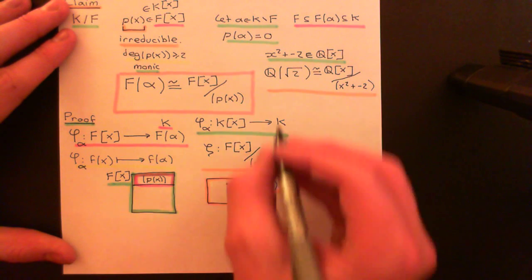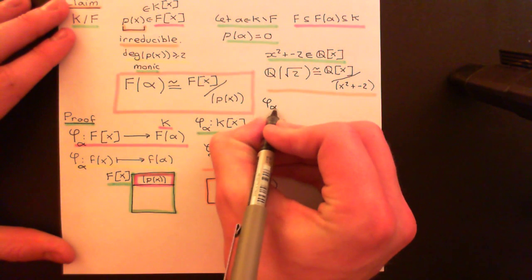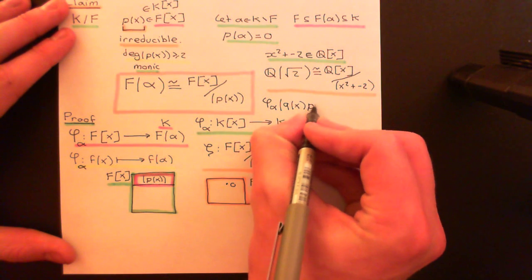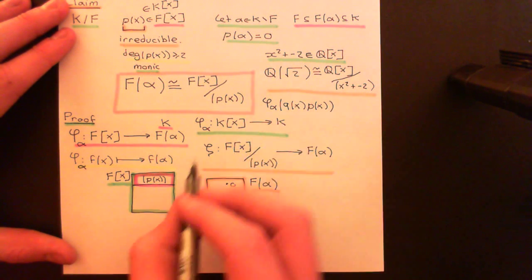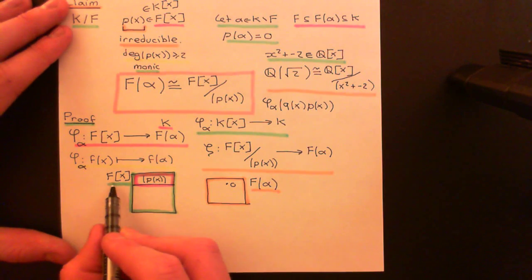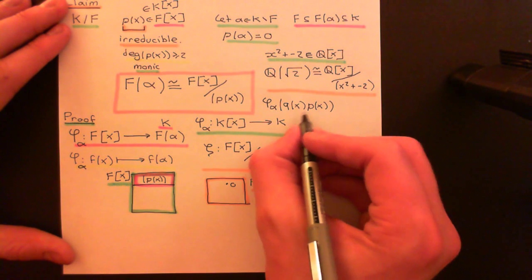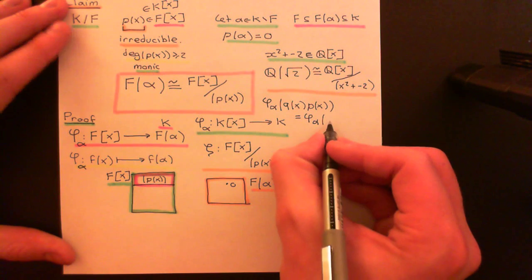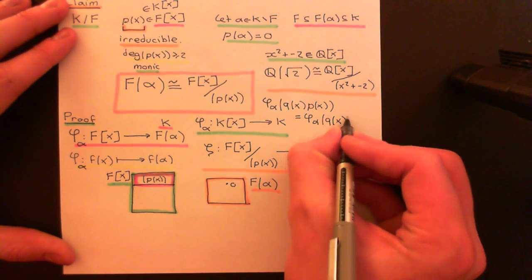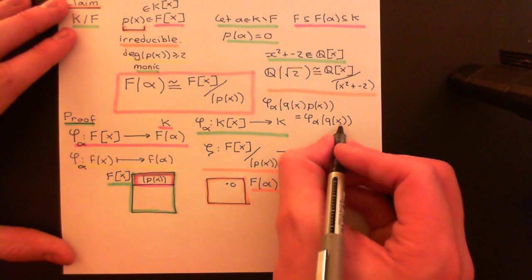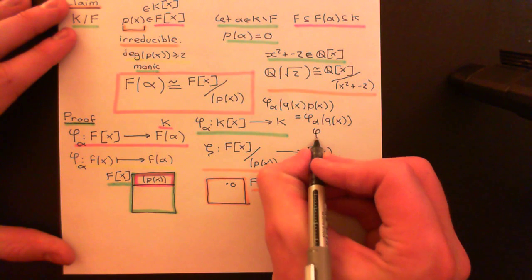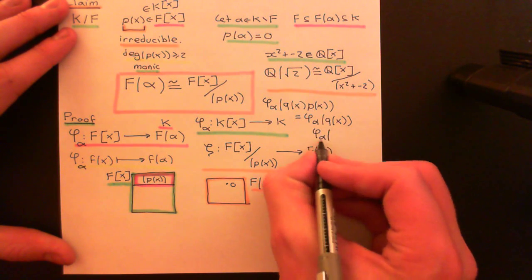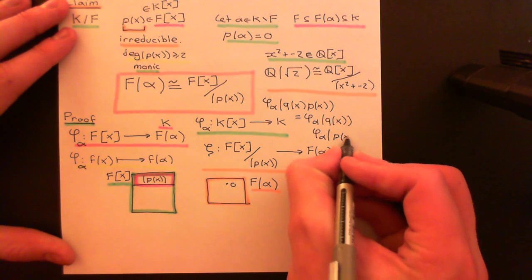So let me just give you the rigorous argument for that. If you apply the evaluation homomorphism at alpha to a polynomial of the form q of x times p of x, where q of x is some arbitrary other polynomial in the ring of polynomials over the field f, then because it's a homomorphism we can split this, using multiplicative compatibility, into phi sub alpha, the evaluation homomorphism pertaining to alpha, applied to q of x, and then times, where we're now multiplying in the codomain here, phi sub alpha of p of x.